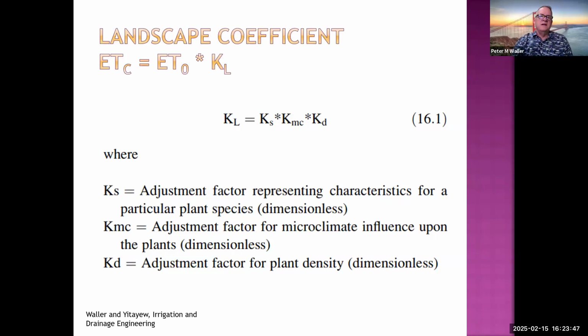If it's in the shade of a building, it might not be as hot, and so it wouldn't have as much evaporation. And then a density factor. For example, if you had trees over grass, then the landscape as a whole might even have more evaporation than just the trees themselves, of course. So anyway, you multiply these three coefficients together and you come up with the landscape coefficient.